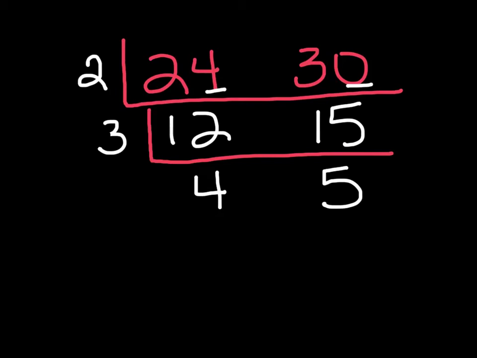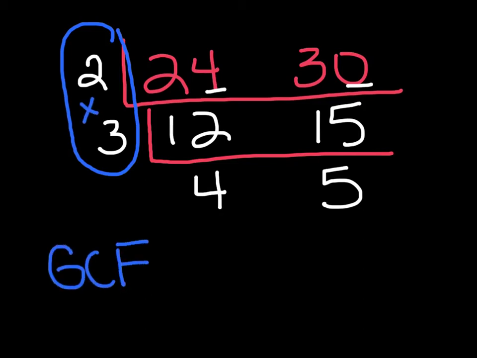Your greatest common factor is all the numbers that they have in common, and they had 2 numbers in common, which were 2 and 3. So all you do is multiply those. My greatest common factor is everything along the side, which is 2 and 3, and you get 6.